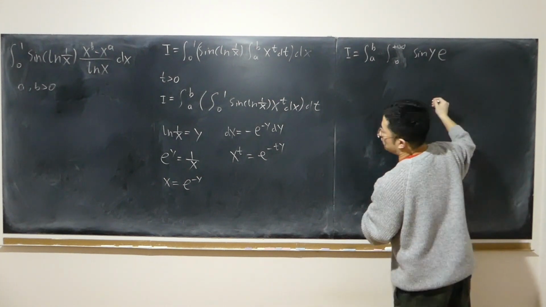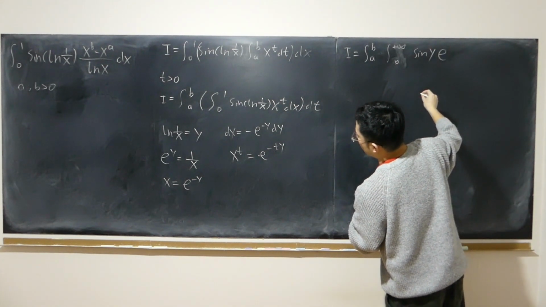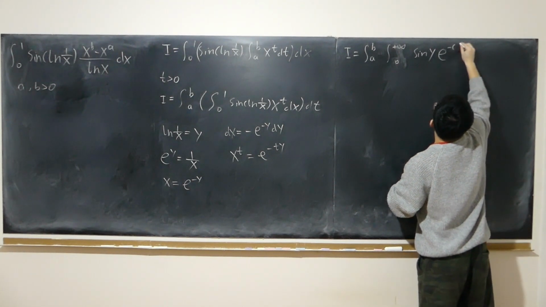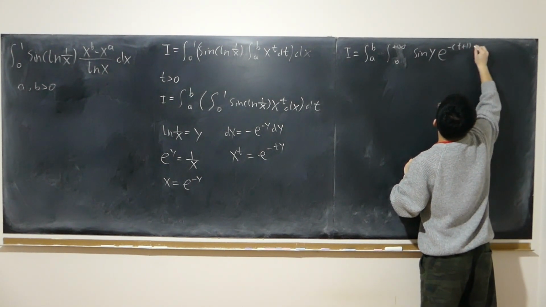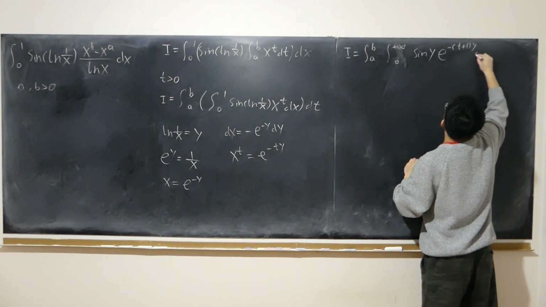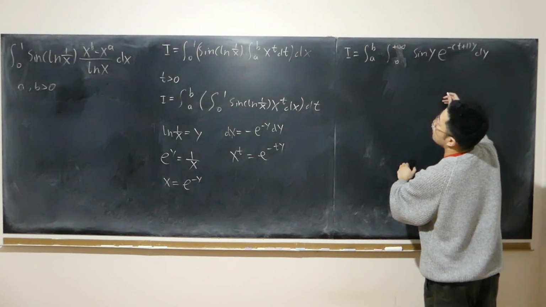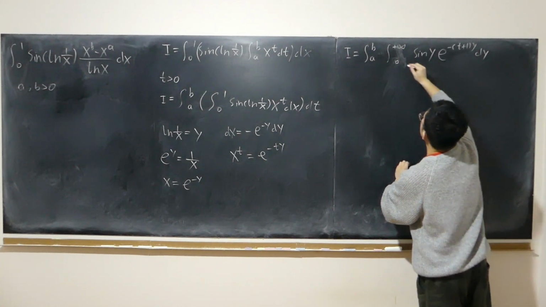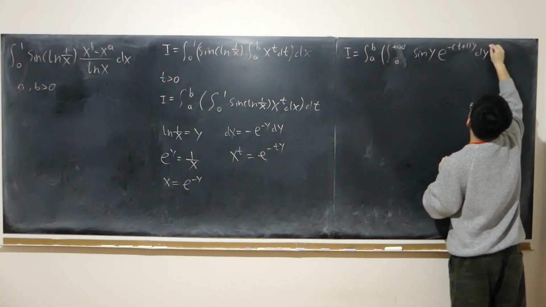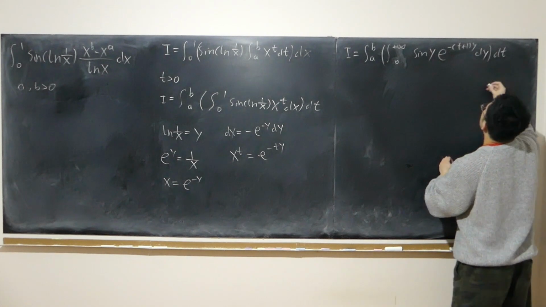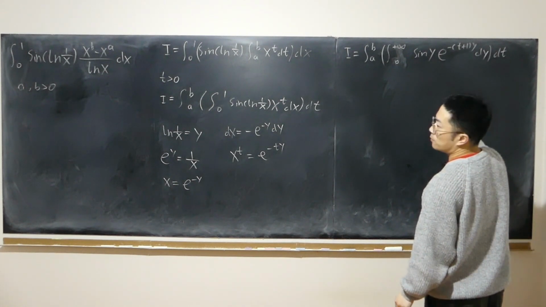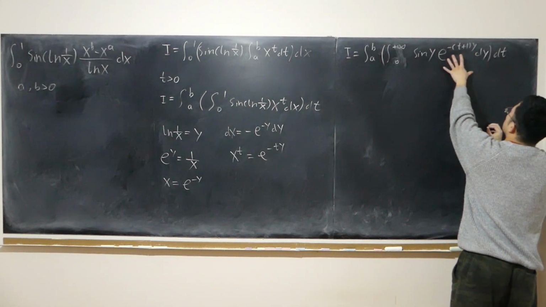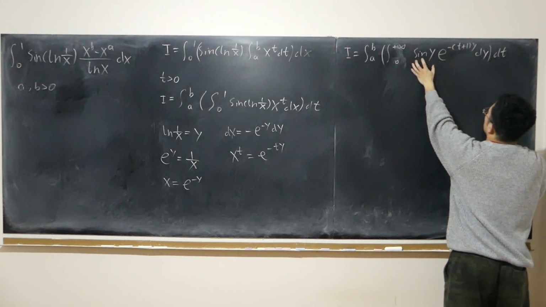Then it's e to the negative of t plus 1 times y dy, and then dy, then dt. So this time I'm letting e to this part equal to u and this part equal to dv.